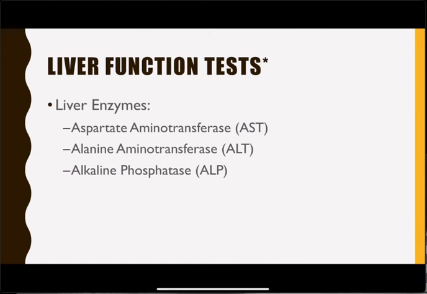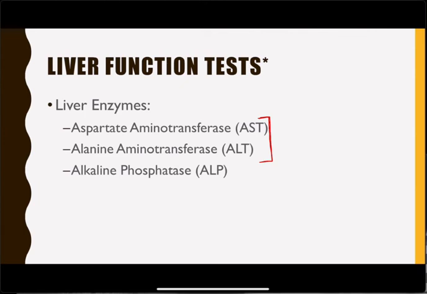So let's look at the first two, aspartate aminotransferase and alanine aminotransferase, AST and ALT. I'll say right off the bat, you do not need to memorize the numbers for these. They will be provided if you are in a setting where you are looking at liver enzymes, and you'd certainly be able to look up the normative values.